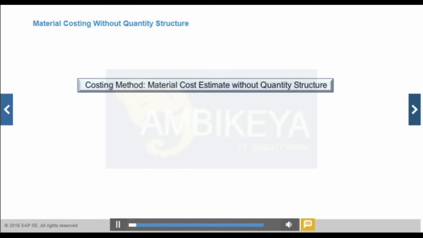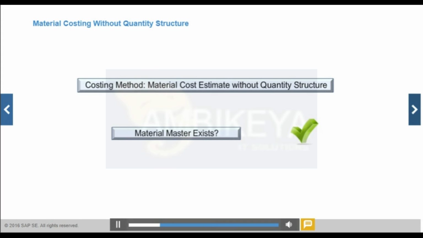The material cost estimate without quantity structure costing method is used when a material master exists for a product, but a bill of material or BOM and routing do not. For example, you can use this costing method for products that are still in the prototype phase, but for whom a cost estimate is required.